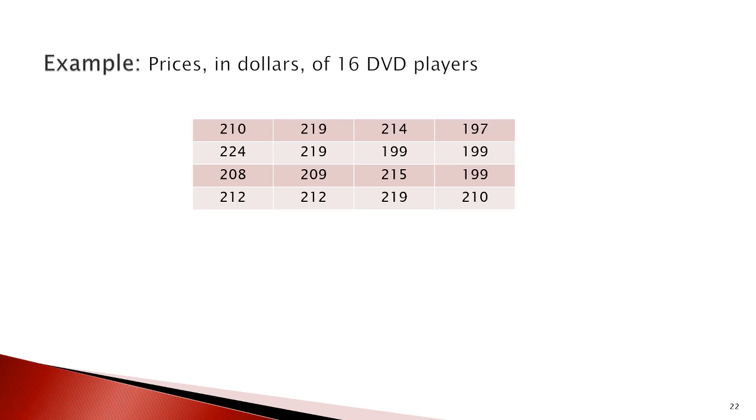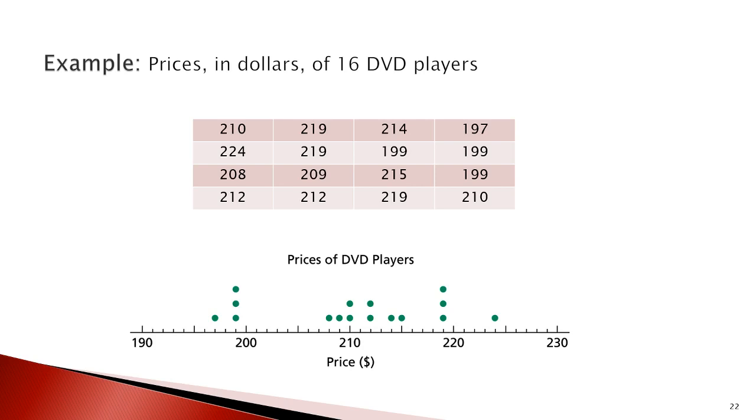As you can see, each and every value has a dot corresponding to its value in the dot plot. The values are going from 190 to 230 because there are values in that range. The lowest value, I think, is 197.